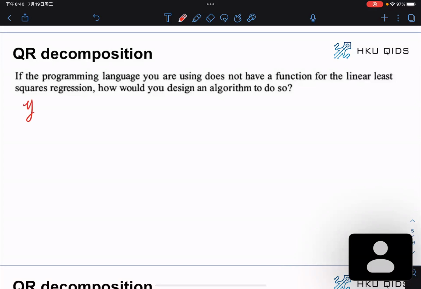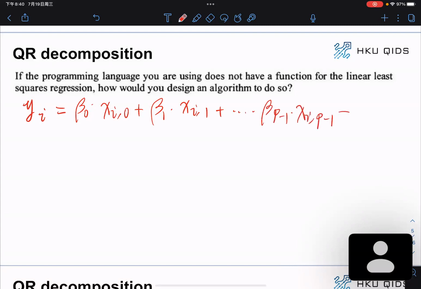Basically, we have something like y_i. Each y_i is equal to beta 0, which is a parameter, multiplied by x_i0, plus beta 1 multiplied by x_i1, all the way to beta p minus 1 multiplied by x_i(p-1), plus an epsilon_i, which is the noise term, also the error term.